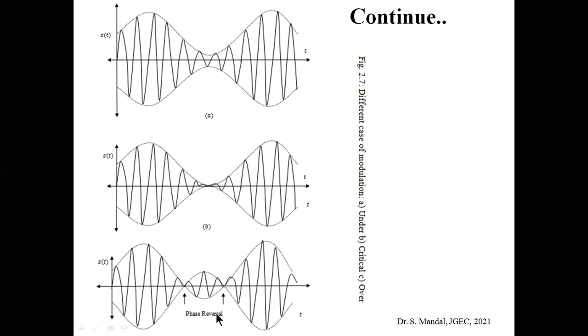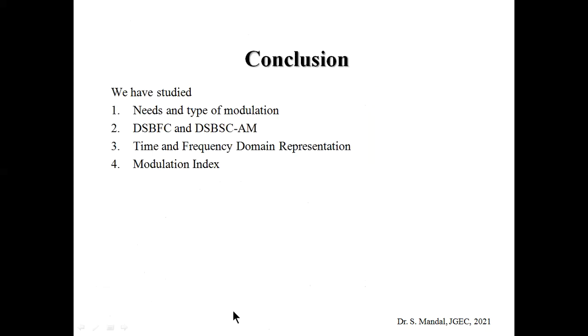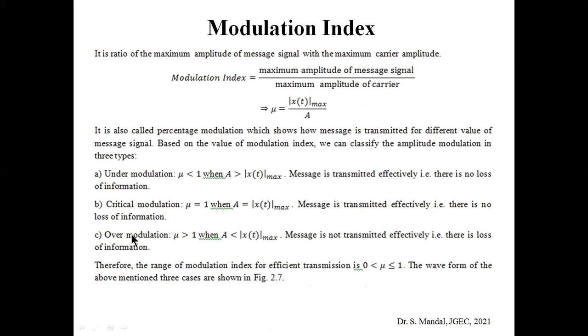The two envelopes will overlap with each other, and they will cross the x axis or t axis, and as they cross each other at this point, the envelope will look like this. That means the message has been distorted, and the information will be lost. So this is not an expected case. You can say that the message is not transmitted effectively and there is loss of information.